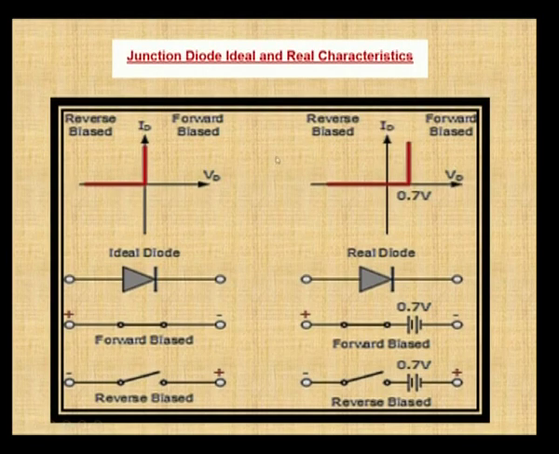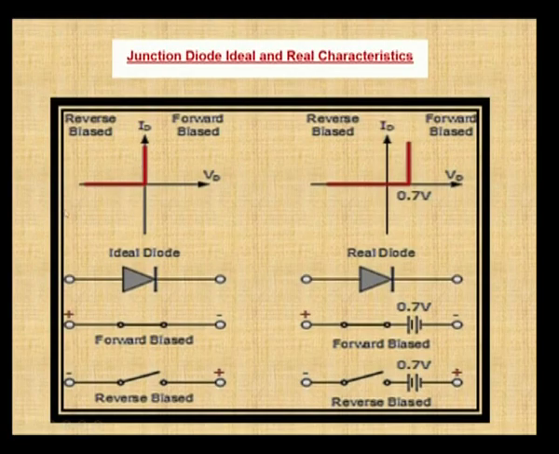The junction diode ideal and real characteristics. In ideal conditions, when we vary the voltage, the current remains the same, but it is not practically true. But in the real condition, when we vary the voltage, the current varies according to the voltage.